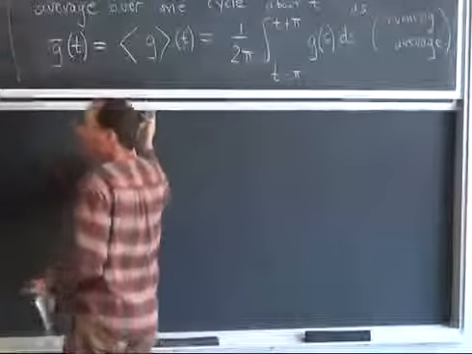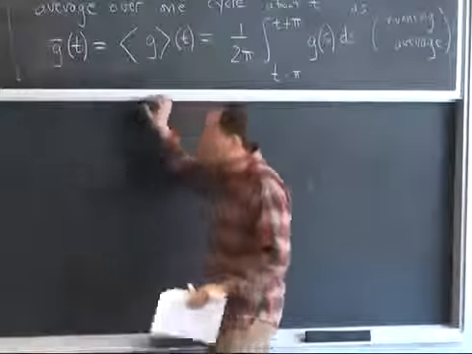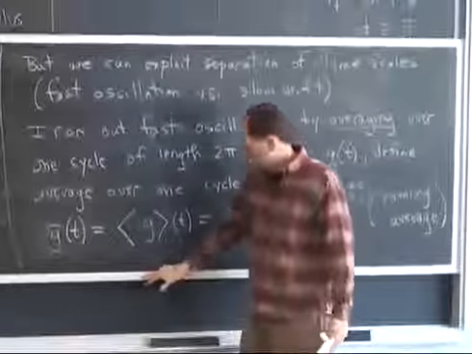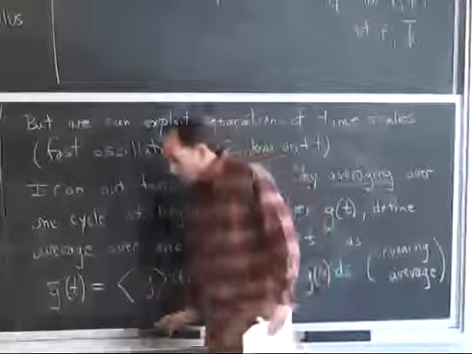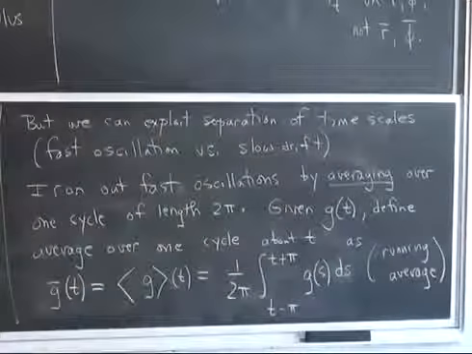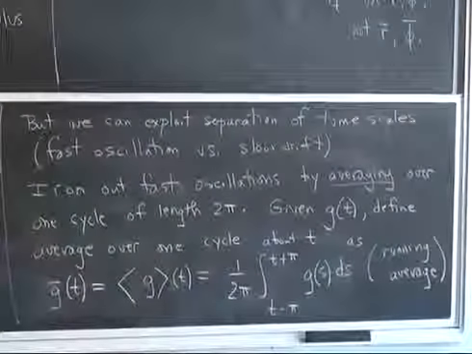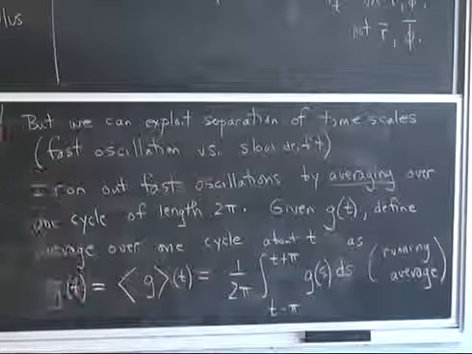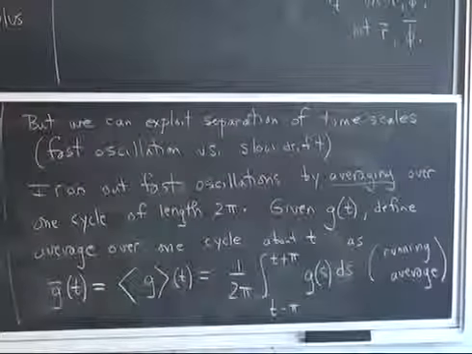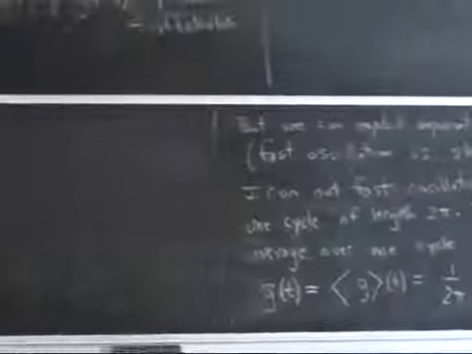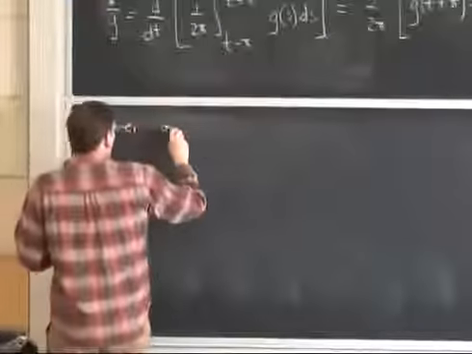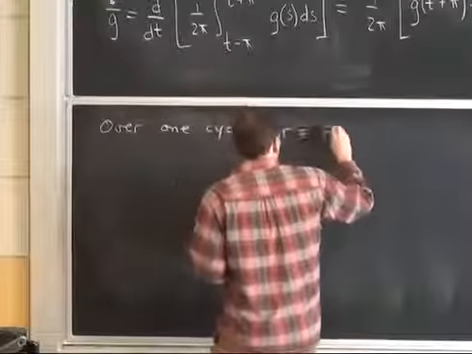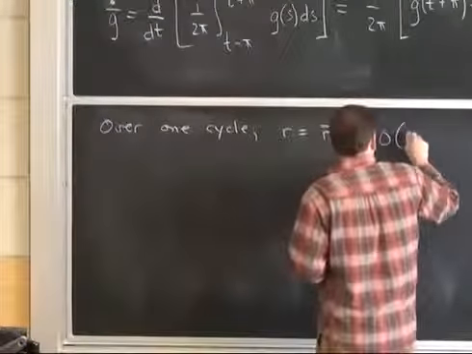We will now replace every place we see R with R bar. And that incurs some error, but not much. So over one cycle, R equals R bar plus an error of order epsilon.